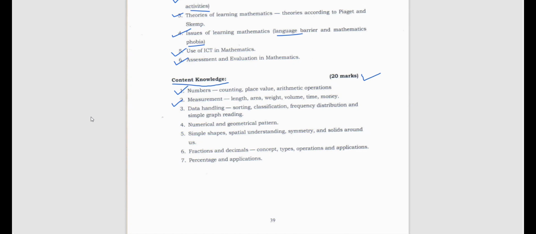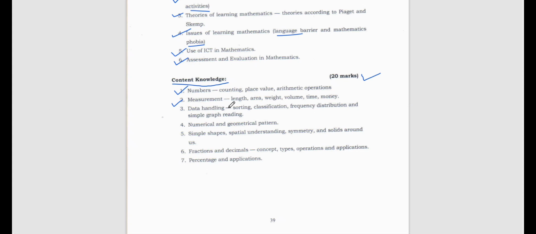Then time, given in hours, minutes and seconds. Then money, I don't need to tell you much about it, right? We know the currencies of different countries. In the money section you'll learn about cost price, selling price, discount, profit and loss.